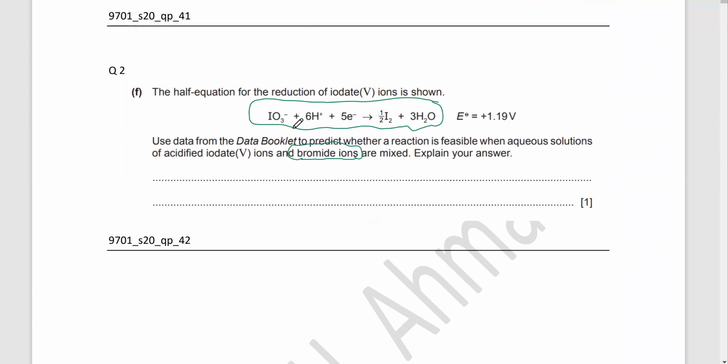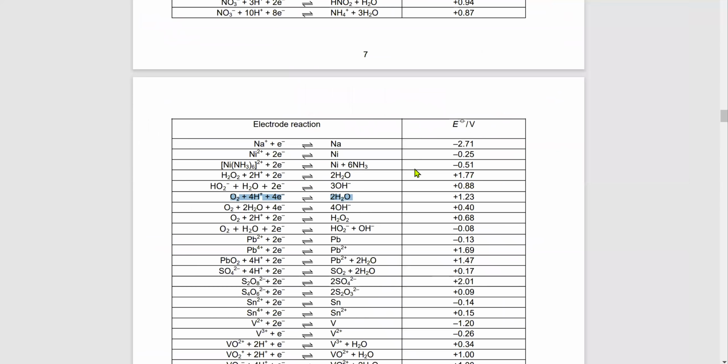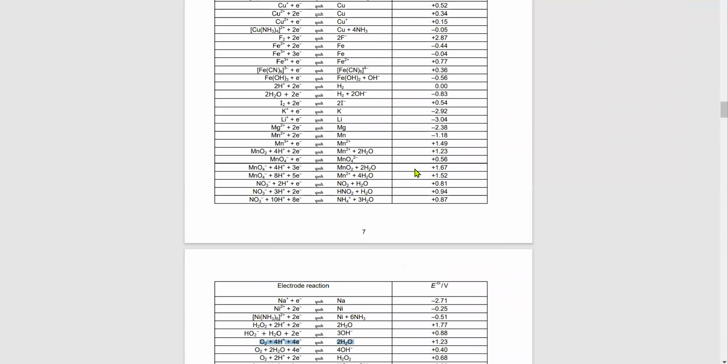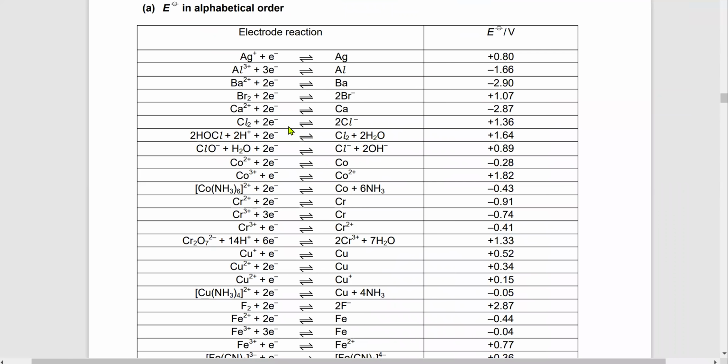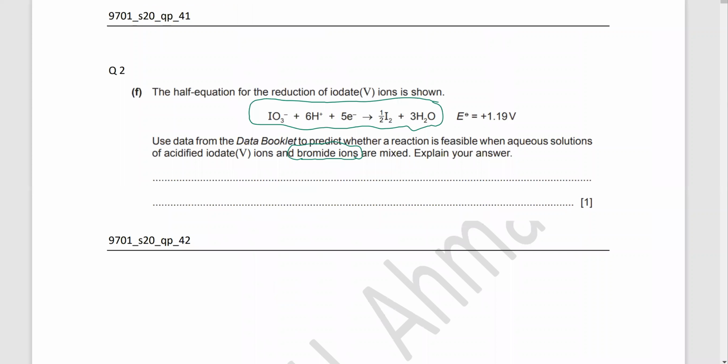So what can bromide ions do? The first thing is go to the data booklet and find out what bromide ions are capable of. If you look over here, there's only one equation, which is this one: Br2 plus 2 electrons to Br minus 1, and the value is 1.07 volts.